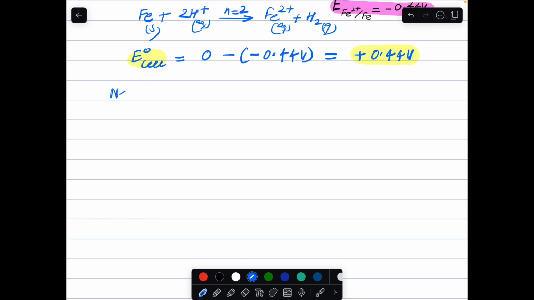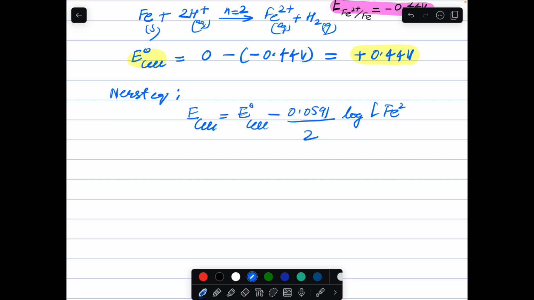So the Nernst equation is written as EMF of the cell, that is E cell, is equal to standard cell potential minus 0.0591 divided by 2 log of entities on the product side. On the product side, we are having ferrous ion, and on the reactant side, we are having H plus ion, but 2 H plus ions, therefore they will be raised to the power 2.